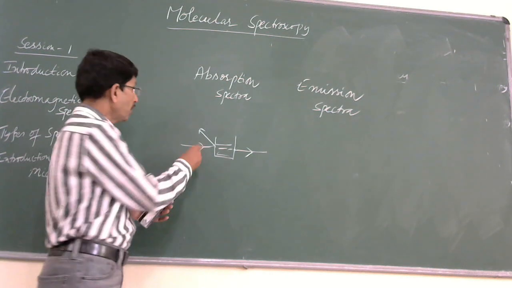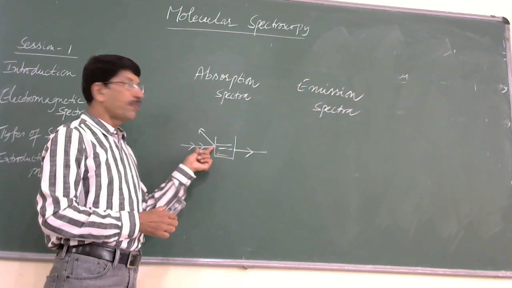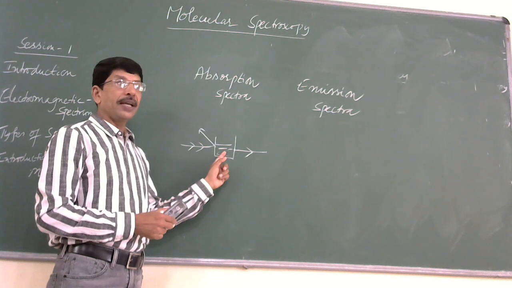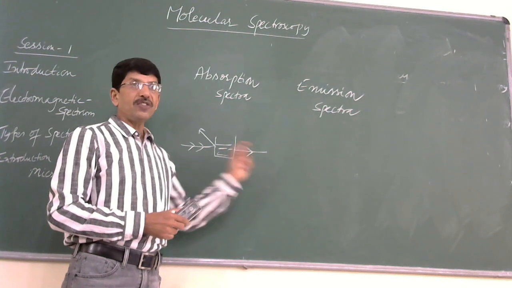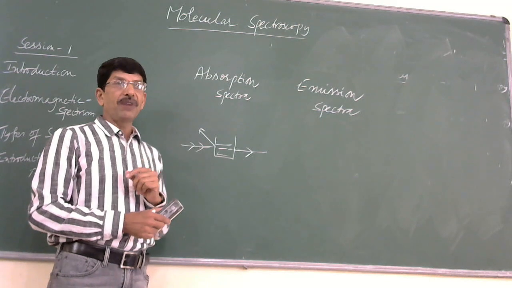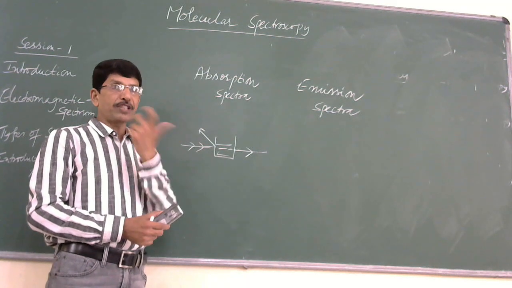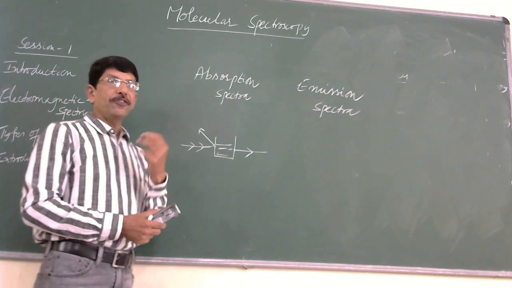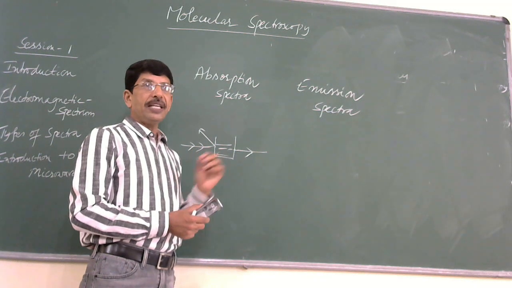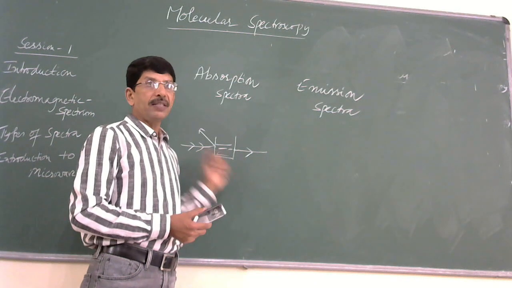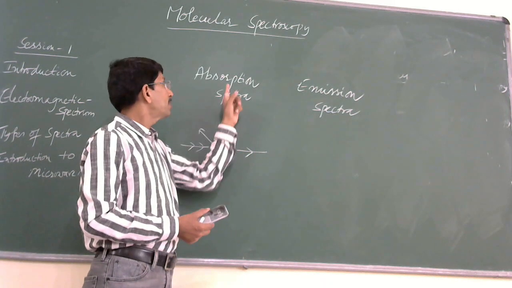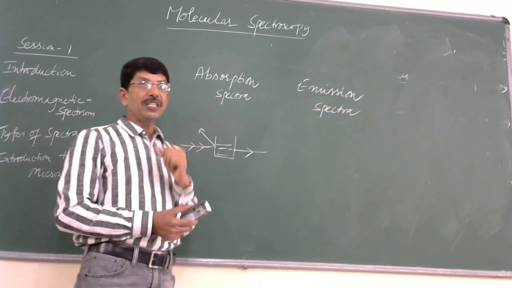In the sense, when we allow polychromatic light to fall on the sample, a fraction of the light is absorbed and the remainder is transmitted. When we analyze this transmitted radiation with the help of a spectrometer, we get a spectrum. This spectrum consists of certain wavelengths which are absent, in the sense that these wavelengths of light have been absorbed by the sample. So, when we study the transmitted light, the spectrum obtained is called the absorption spectrum.